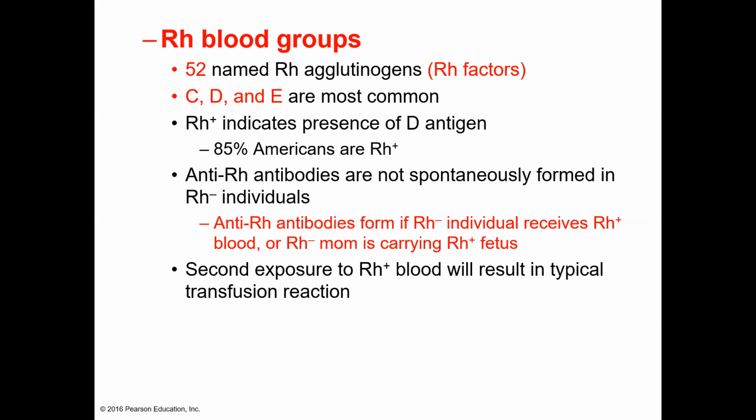Usually the first baby survives. The second baby has the same blood group, so his mother's blood might form antibodies, and these antibodies can stay for a long time. So if she gets pregnant again with another baby with the same blood group, then probably that baby's blood is going to be attacked by the mother's antibodies.